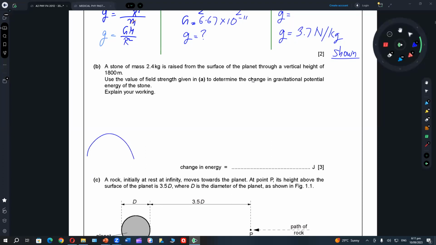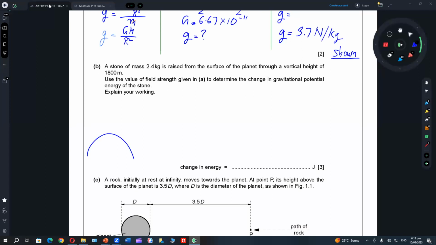So this is the surface, this is the center, and it has been raised to a new position, and the new position is 1800 meter.